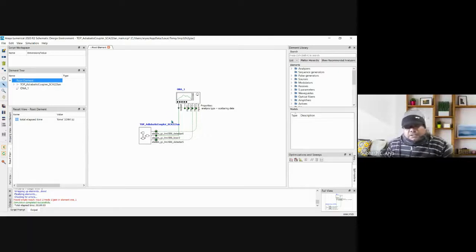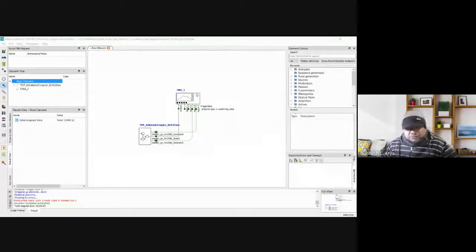So let me remove one of the lasers so that it should be functional. I will remove this. Okay, so later we can put detectors. Let us do the E mode first.